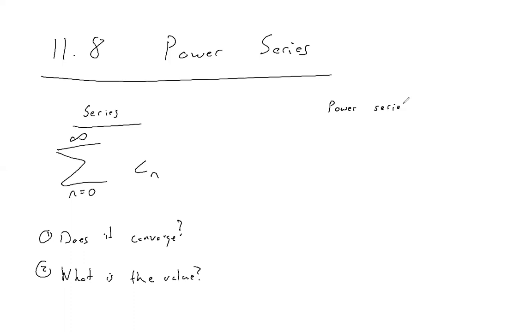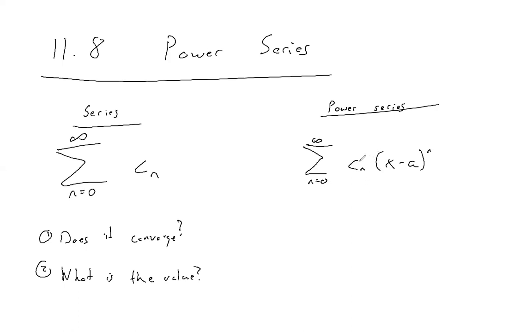Okay, so what does a power series look like? It's going to look like this. Okay, so I'm writing it in the most general form first, and then we're going to talk about a specific form.